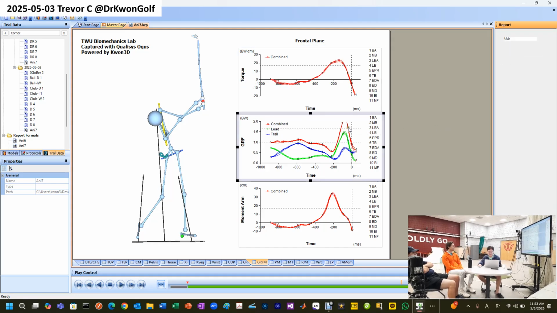The force is a bit over 2 times your body weight. Still a bit too big. Still too much.